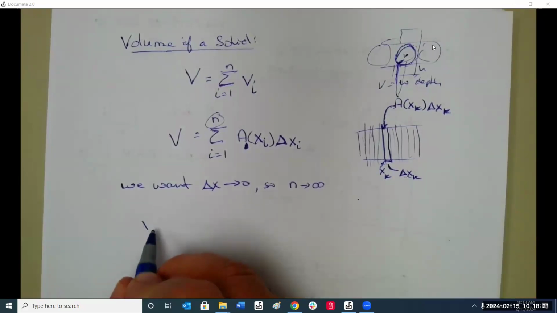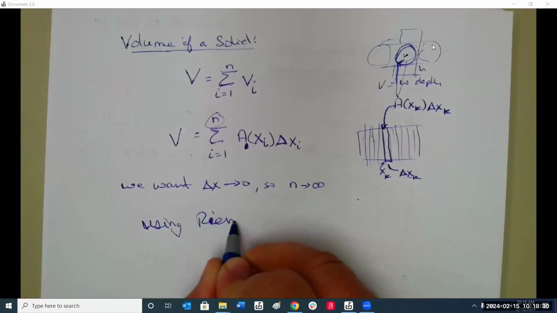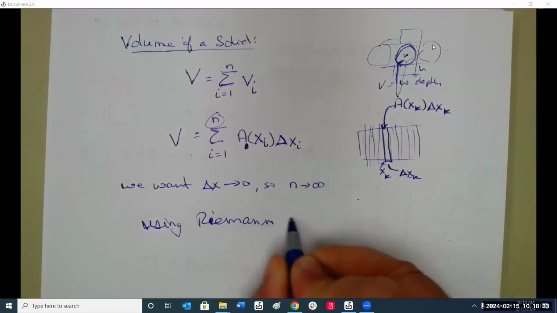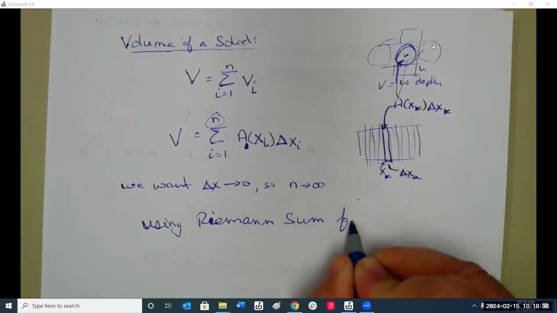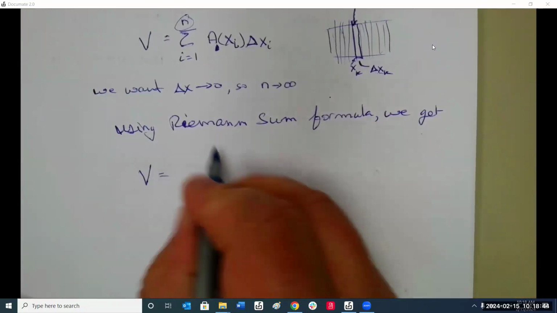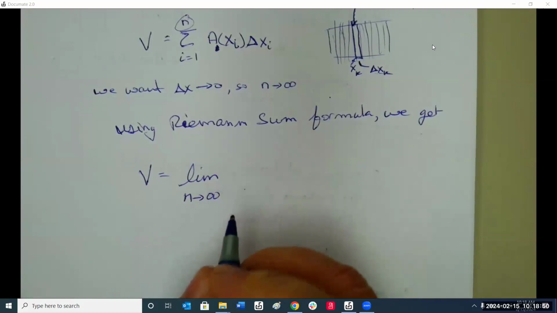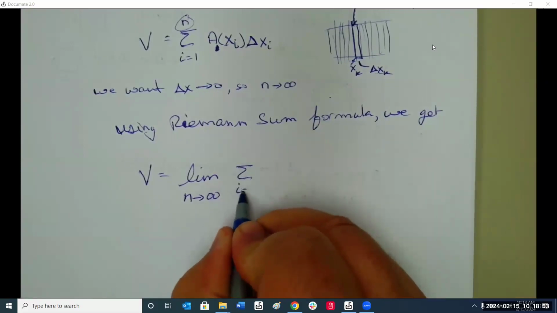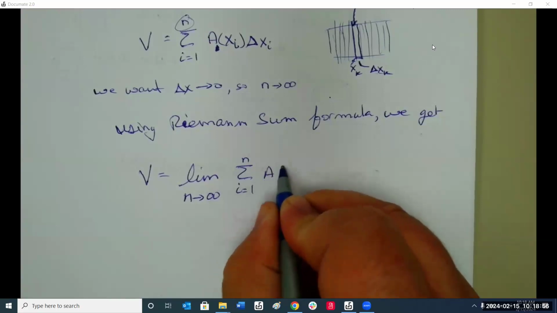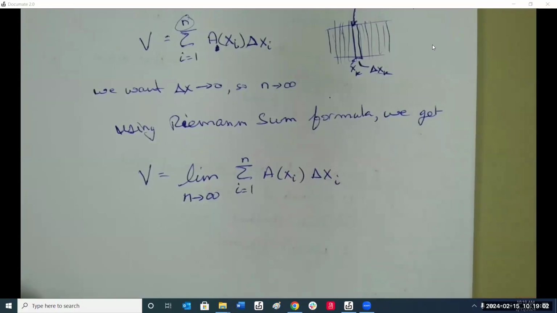So our formula becomes, using the Riemann sum formula, the volume equals the limit as n goes to infinity of the summation of i equals 1 to n of A(x sub i) delta x sub i.